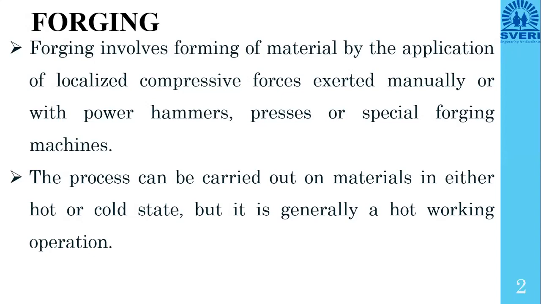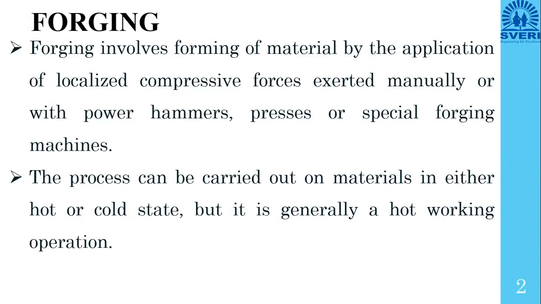In forging, the material is heated above recrystallization temperature, and whatever grains are there, it becomes softer. That's why when you put that heated material in the dies and apply external force, the material will flow into the cavities and take that shape. Or if you heat the material, you can start hammering with your hand also, because of the hammer force the material will start to bend or change its shape, because it becomes softer as it gets heated.